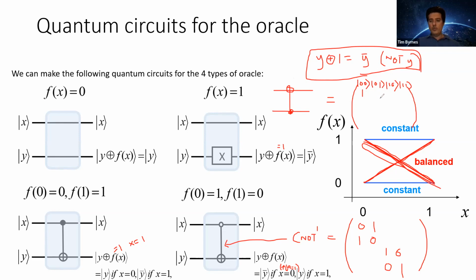This one, we're going to flip this one if this one is 1, so 0, 1 should turn into 1, 1. So this element will be 1. This one, the second element is 0, so this one will be like this. And this one, the second element is 1, so we're going to flip the first one. Sorry, that should be in the second column.